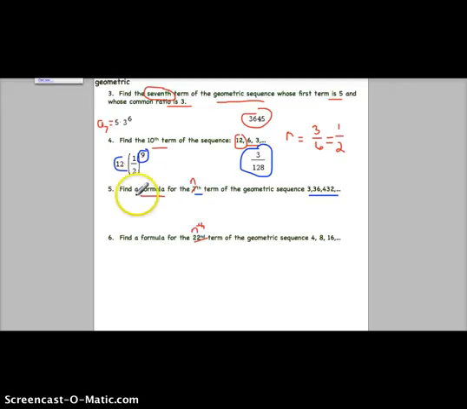All right, so number 5, we know that we'd use the nth term formula, so a sub n equals the first term times the common ratio. So our common ratio, 36 divided by 3 is 12. And let's also just confirm that 432 divided by 36 is 12.